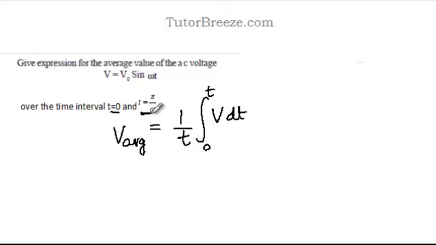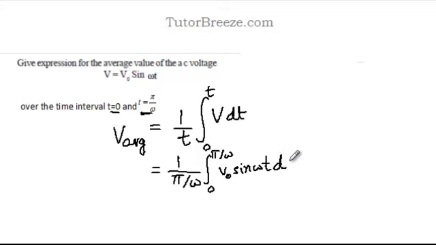This will be the lower limit and the upper limit. So this can be written as 1 over pi by omega minus 0, which will be pi by omega, integral 0 to T, which is pi by omega, and this is V naught sine omega t dt.